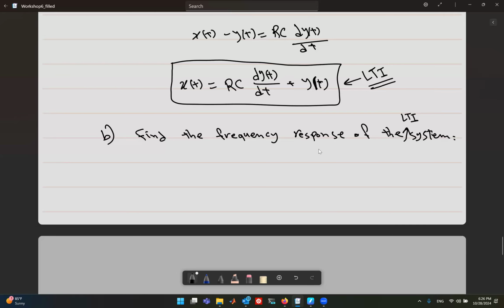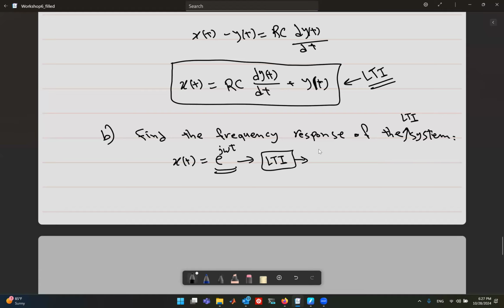Similar to the first example that we solved, since the system is LTI, if the input is x of t equals exponential j omega t, what will be the output of the system? We said that those periodic signals are eigenfunctions of LTI systems.